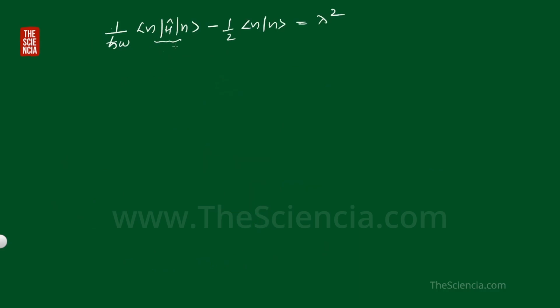And here this is nothing but the expectation value of H, where H is the Hamiltonian, that is, the expectation value of H is energy.